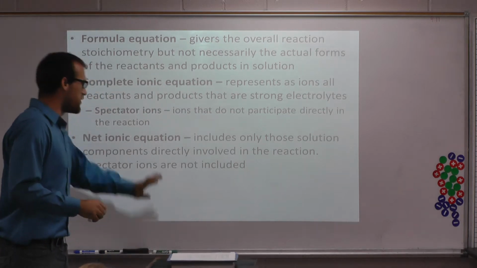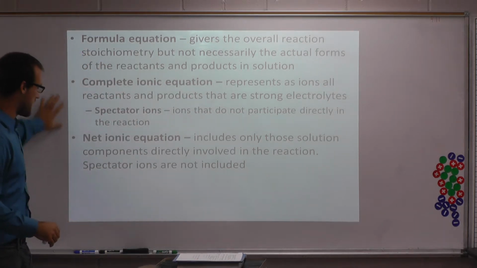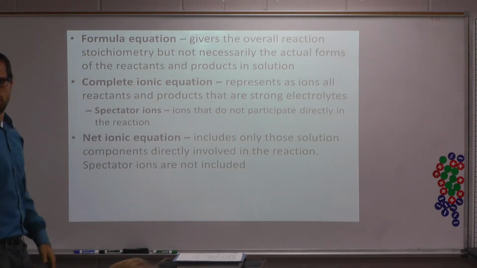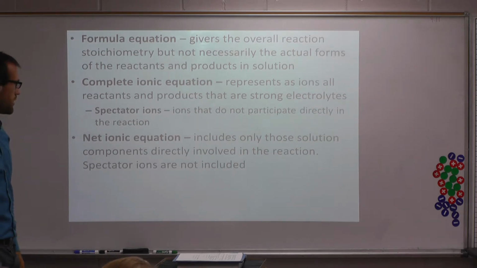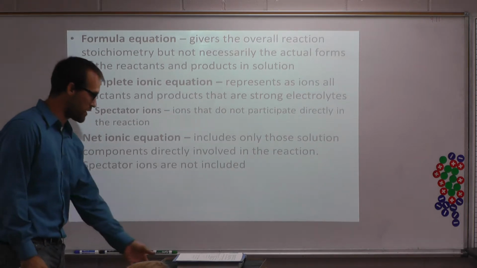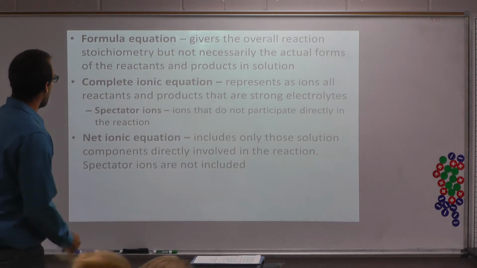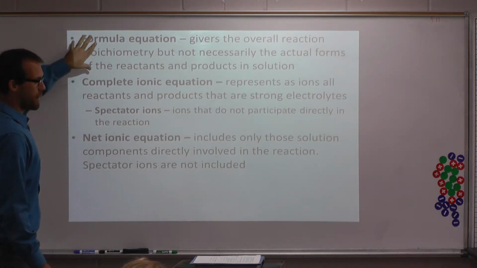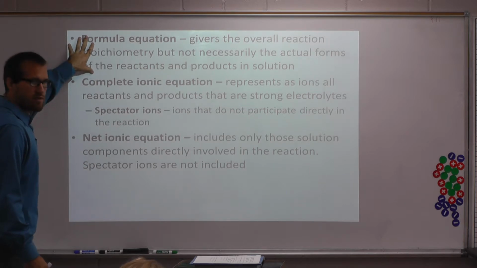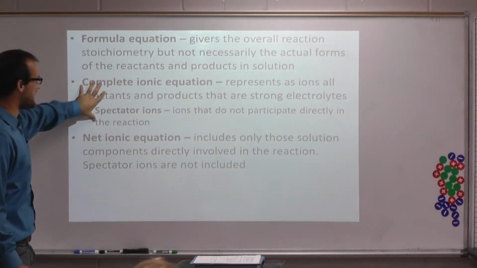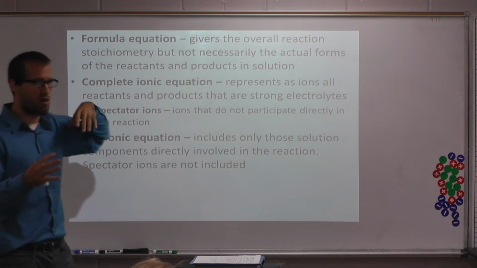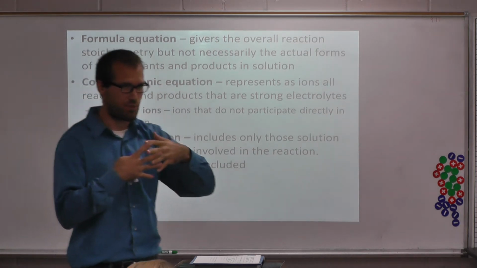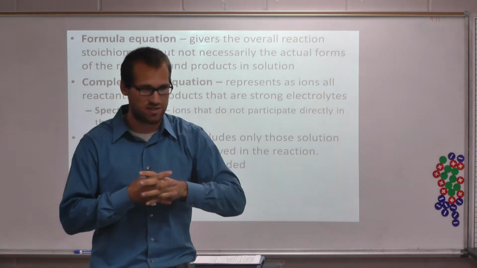Okay? So this is a review from last chapter. Or not last chapter, last year. So I'm going to go through one example. I don't think I need to go through too many more. We've got formula equation. This would be like the overall complete balanced equation like you would see if you were balancing a chemical equation. Complete ionic equation is taking all of those compounds and breaking them up if they're aqueous into their ions.